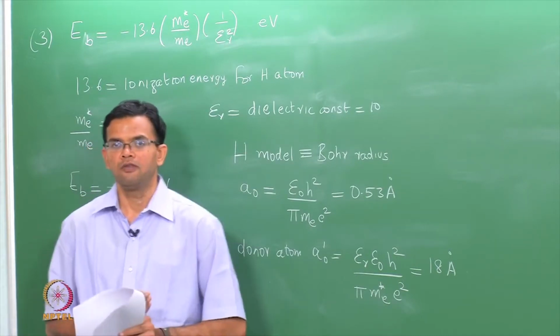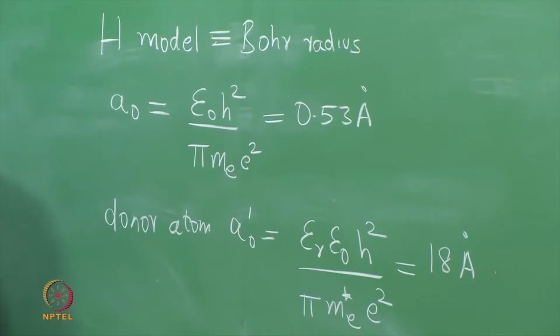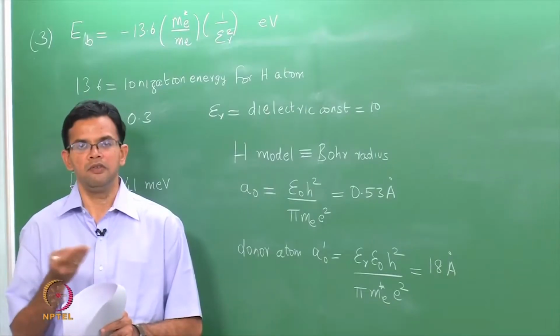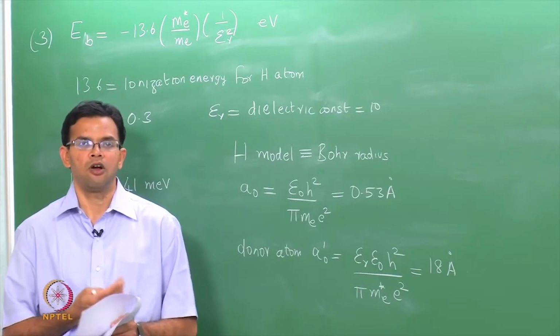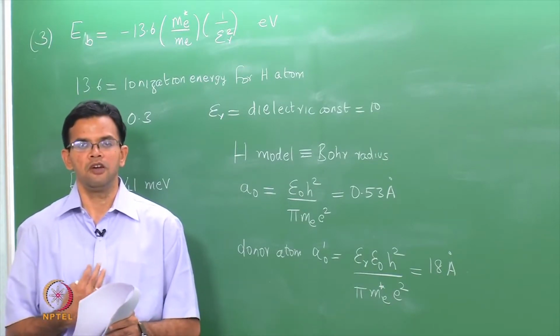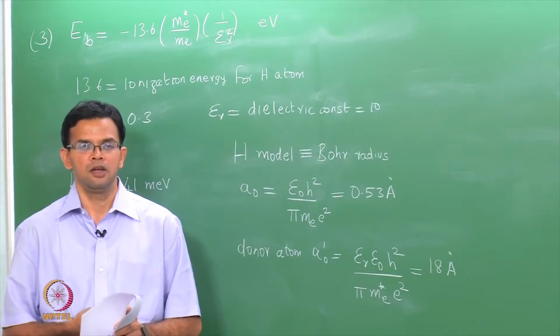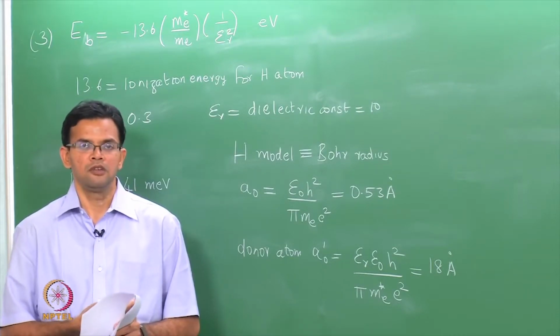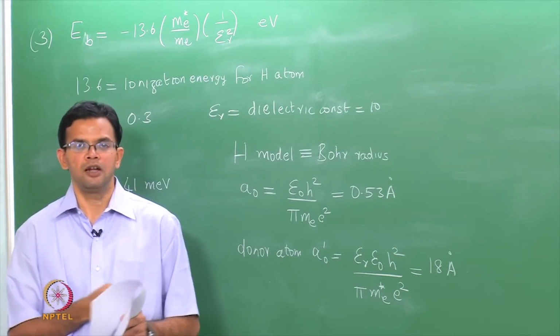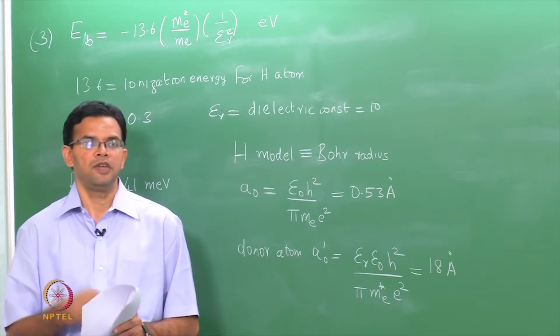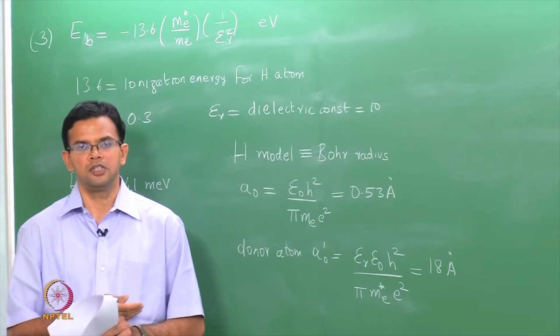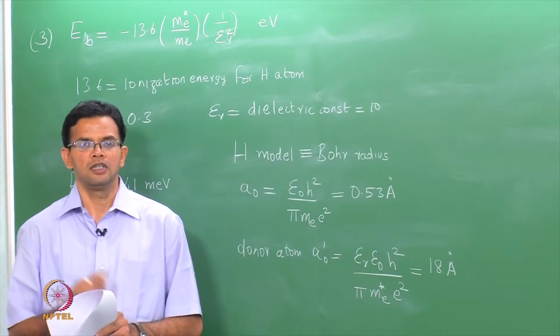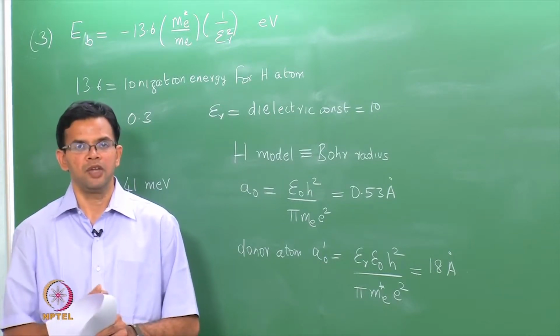In the case of an extrinsic semiconductor, we usually treat these donor levels as individual atomic levels. The concentration is usually of the order of parts per million or parts per billion, so that we treat them as individual atomic levels. But if we keep on increasing the concentration of the donors, then these atomic levels will come together.